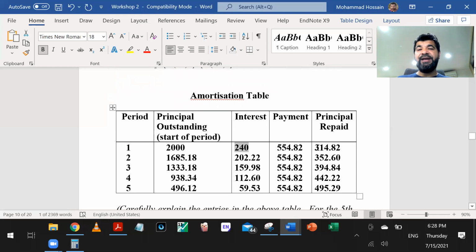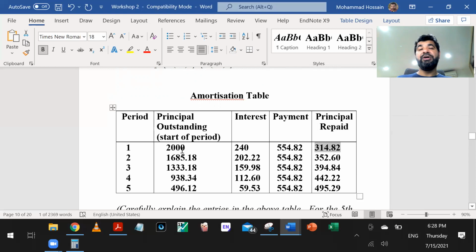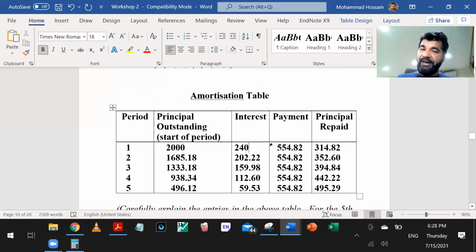You already paid $314.82. You paid the principal amount. Out of this $2,000, the $2,000 loan you have taken, it incurred $240 of interest. You paid that interest, plus you also paid some money towards your principal repayment, which is 314.82.